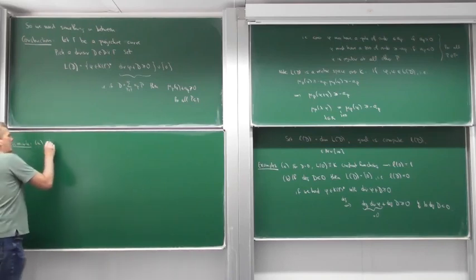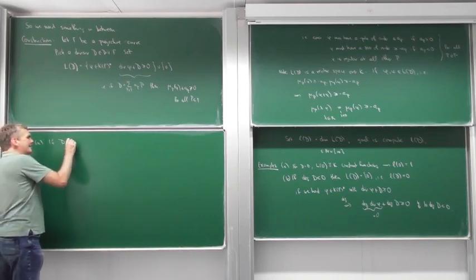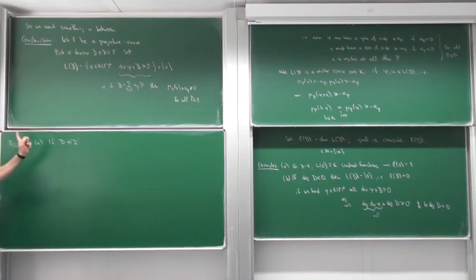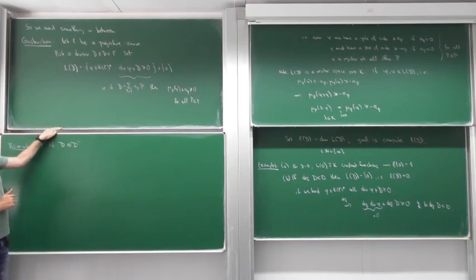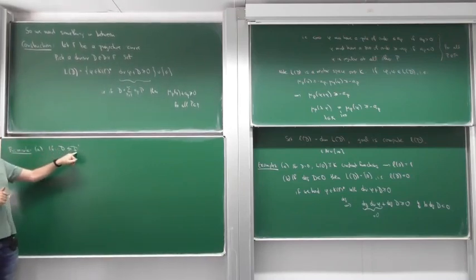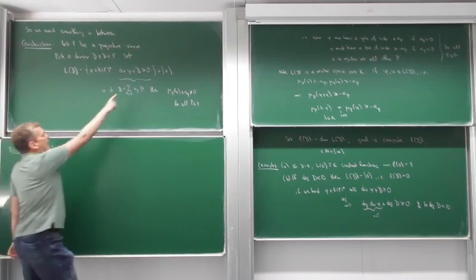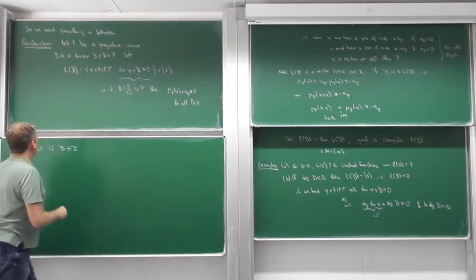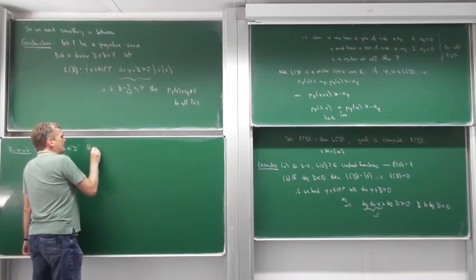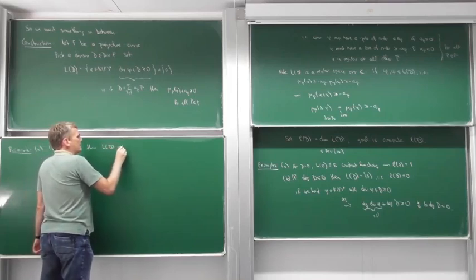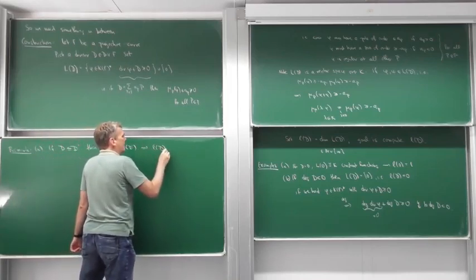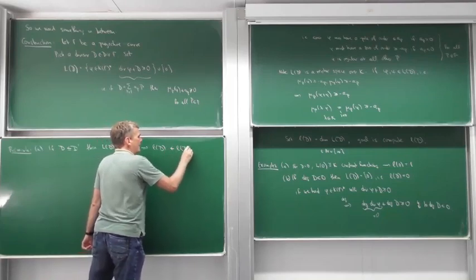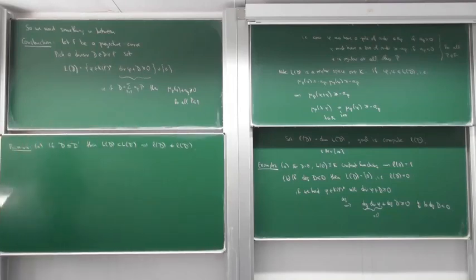Namely, if D is less than or equal to D prime, so that means the coefficient at any point is bigger in D prime, or at least as much as it is in D, then of course if something is in L of D, then it's also in L of D prime, right? Because I just add more here and the condition is still satisfied. So that means L of D is a subspace of L of D prime, which of course means that the dimension little l of D is less than or equal to little l of D prime. That I guess is clear.